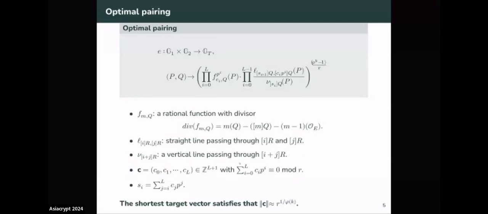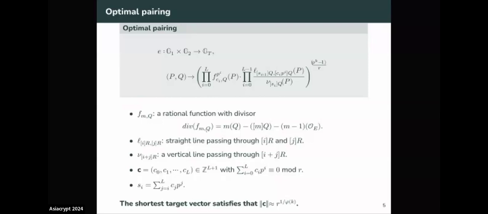Now, we illustrate how to compute pairing. For most pairing-friendly curves, the optimal ate pairing is the fastest formula. In this formula, f_{m,Q} is a rational function. It has a zero of multiplicity m at the point Q, a pole of multiplicity 1 at the point mQ, and a pole of multiplicity m minus 1 at the identity point, where l denotes the straight line and v denotes the vertical line.